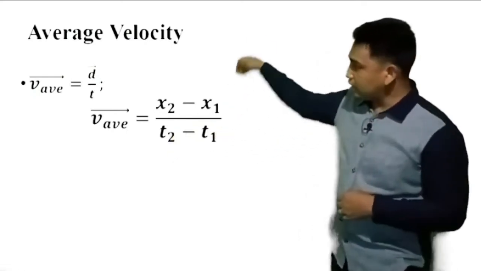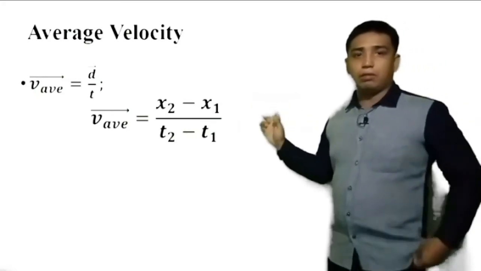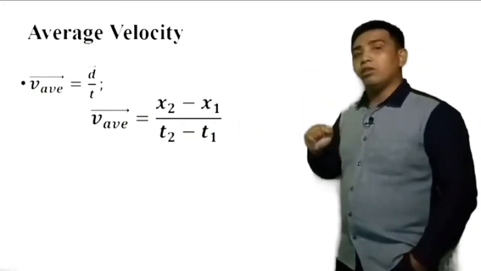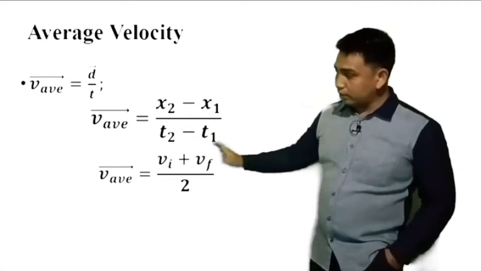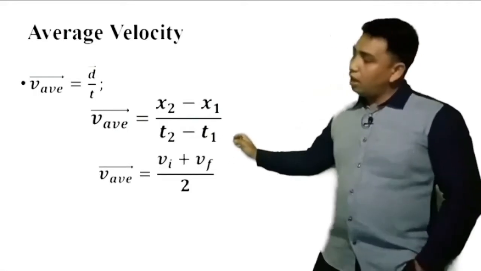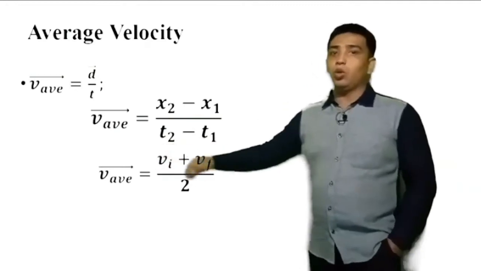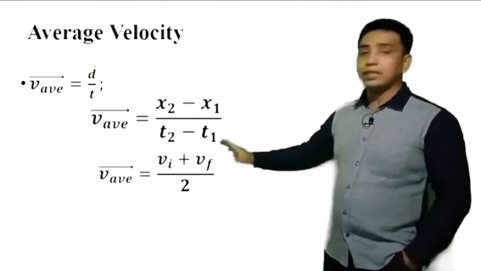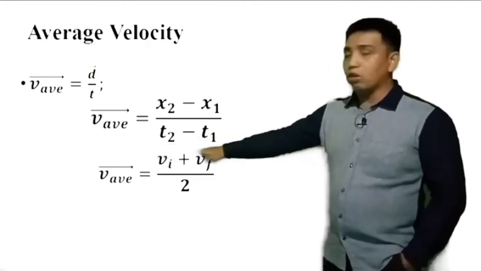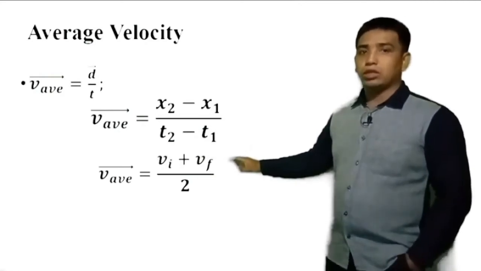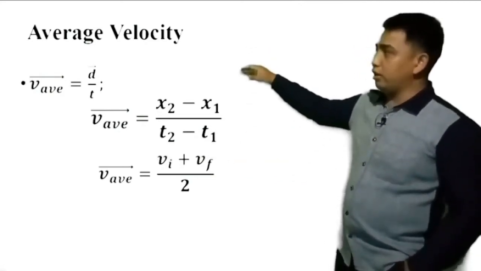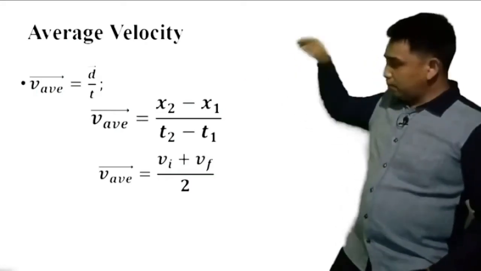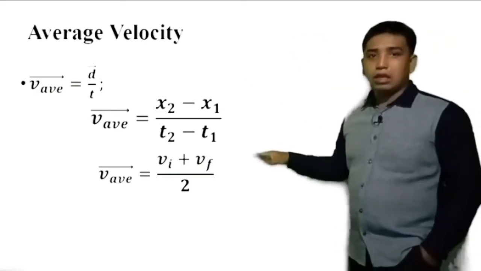Alright, so in case that this information is not available to us, and instead only the initial velocity and final velocity are available, we can use this formula. Alternatively, average velocity is equivalent to initial velocity plus final velocity all over 2. So the formulas over here are derived using algebra, and this one is formulated using statistics.